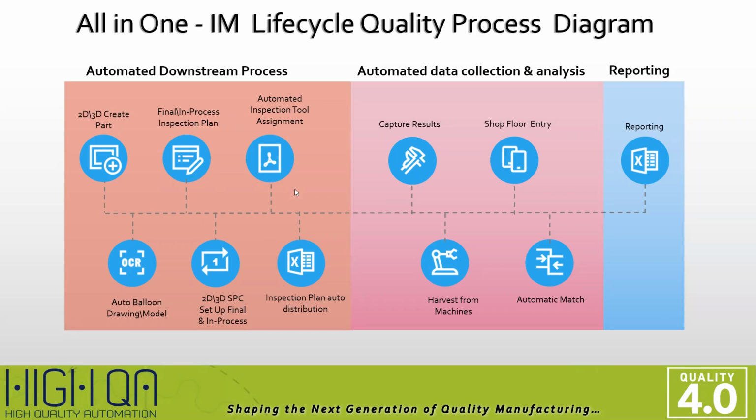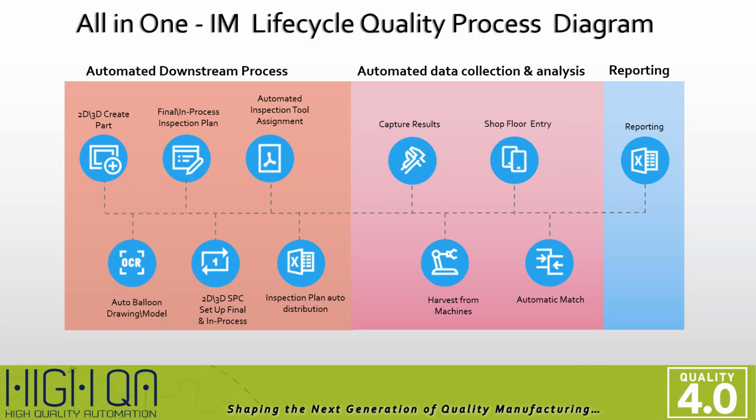On the downstream preparation side, you take 2D or 3D and create the process, either for internal manufacturing or even the external supply chain. Then comes the automated data collection that can be done by CMM, VMM, manual, Bluetooth, wireless, whatever tool, and then comes the reporting. And that's all in one.